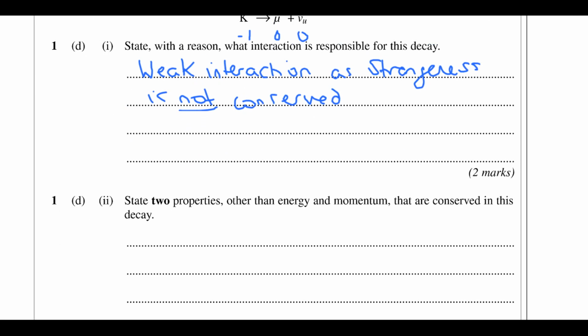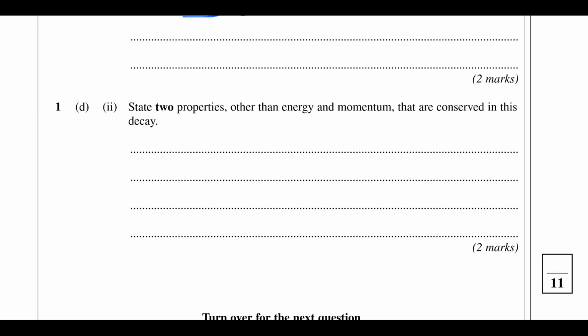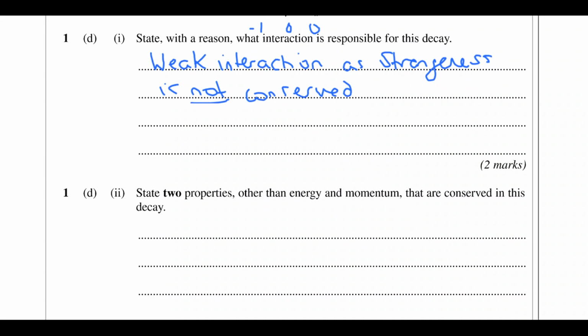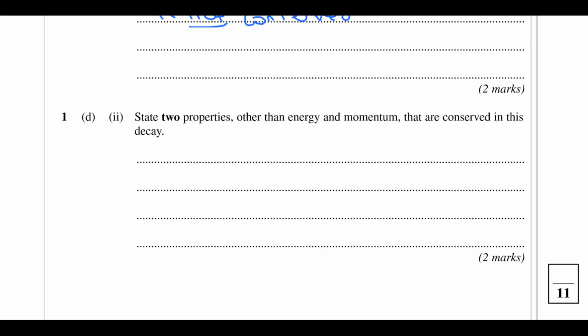Okay, so then final part of this question 1, state 2 properties other than energy and momentum that are conserved in this decay. Well, if it's a legitimate decay, all the usual things must be conserved. So for instance, charge must be conserved, lepton number has to be conserved.